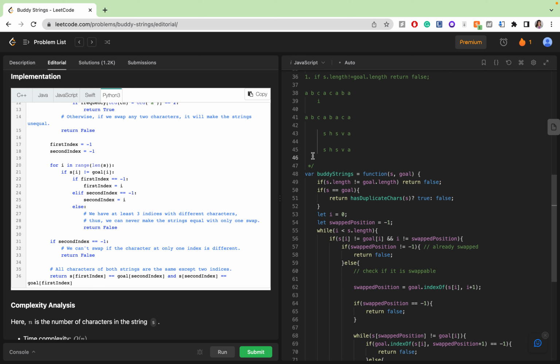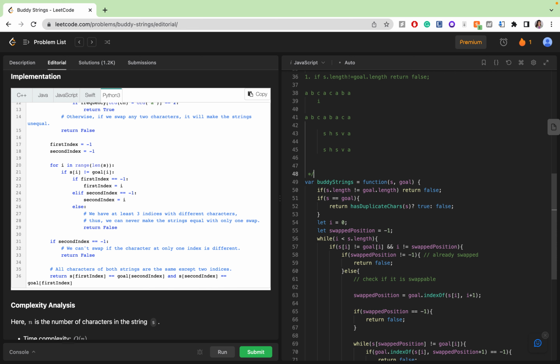So how should I have improved? The first edge case, where I did not consider the case where two strings are not equal and have duplicate characters, that is fine even if I miss that.